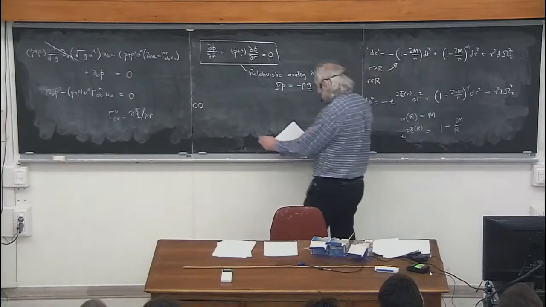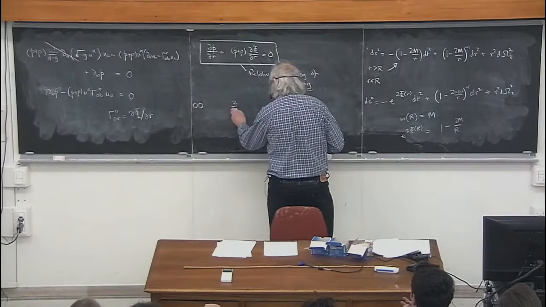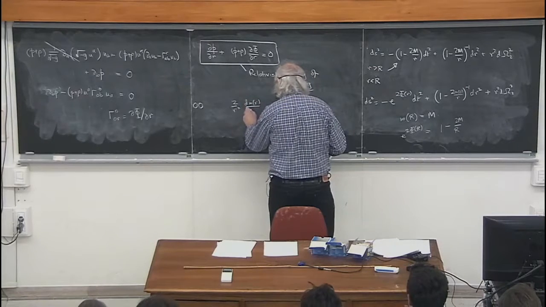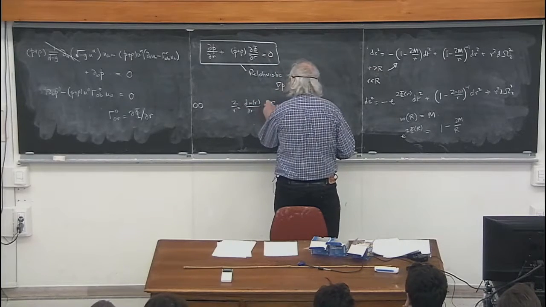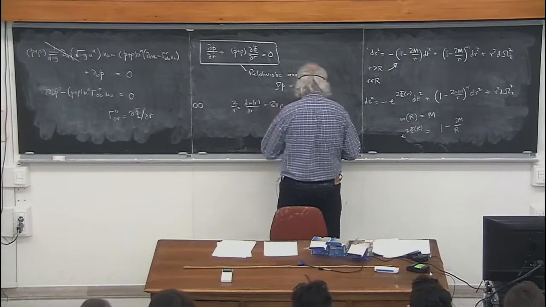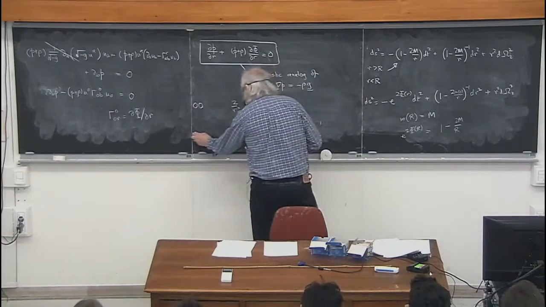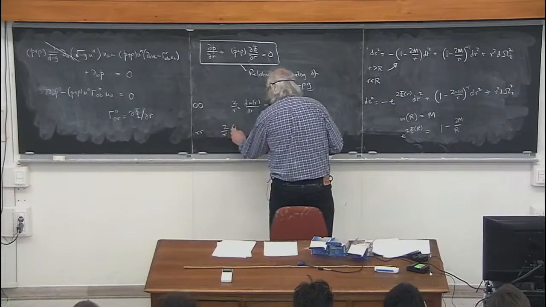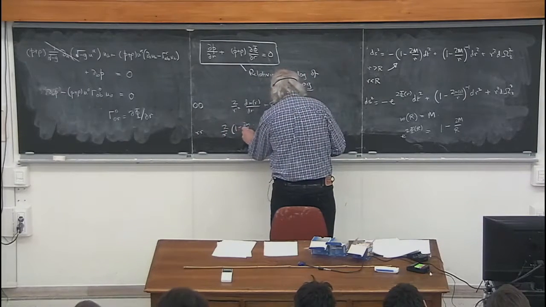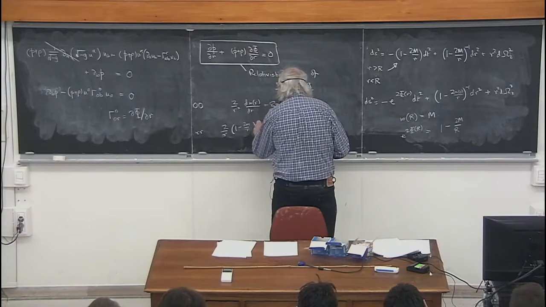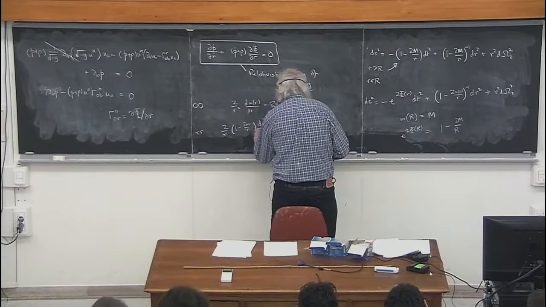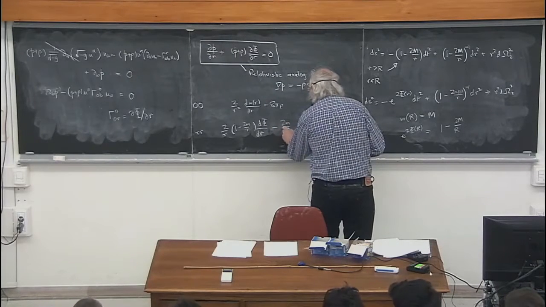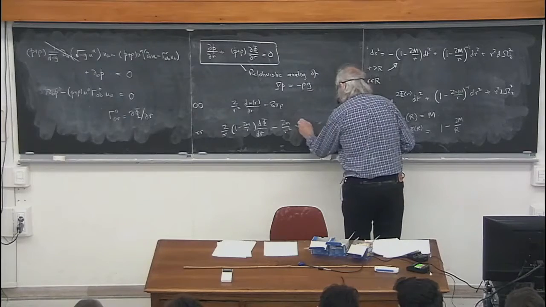The 0, 0 component gives you 2 over r squared dm of r by dr is equal to 8 pi times rho, and the rr component gives 2 over r into 1 minus 2m over r d phi dr minus 2m over r squared is equal to 8 pi p.